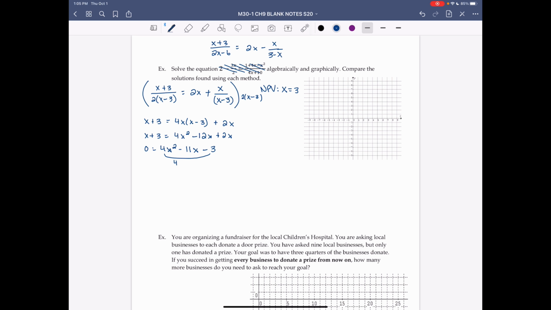One's a positive, one's a negative, since they multiply to a negative, and the negative one is bigger. If we did negative 12, positive 1, that would multiply to negative 12 and add to negative 11. Next, we're going to use the box method.